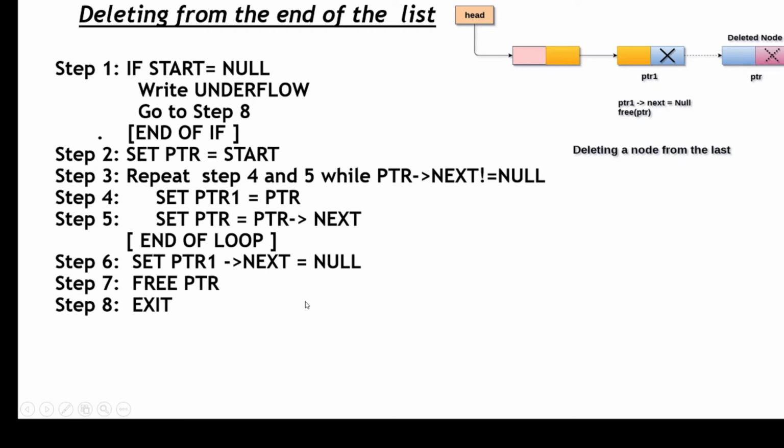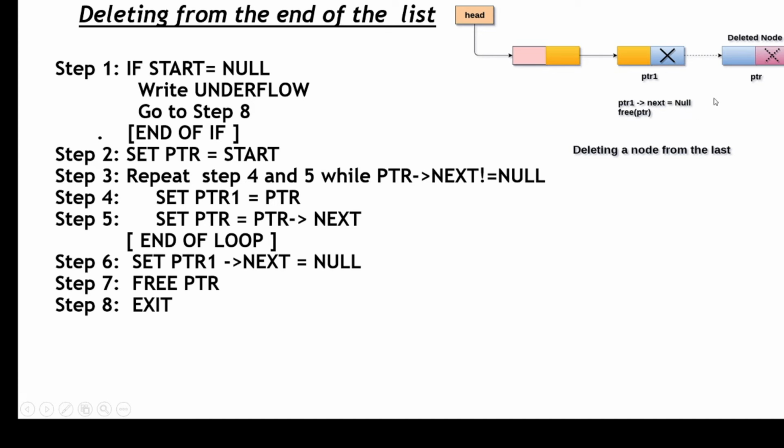That is, we just need to make pointer 1 point to null, and in step 7 we can see that free pointer, that is, the last node of the list pointed to by the pointer will become free.